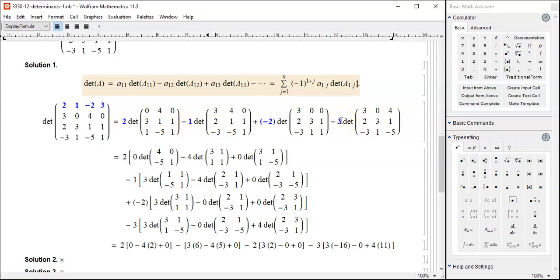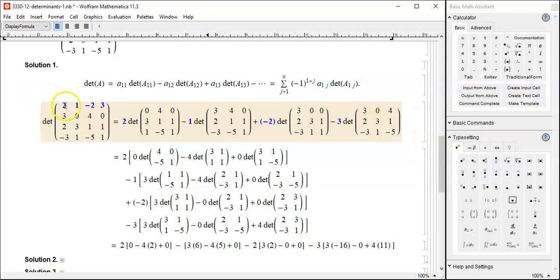Those are there. And then the signs: plus, minus, plus, minus. Is everybody happy with the sign? It's coming from the first row, so plus, minus, plus, minus. Okay, this minus is different. This minus comes from this sign.